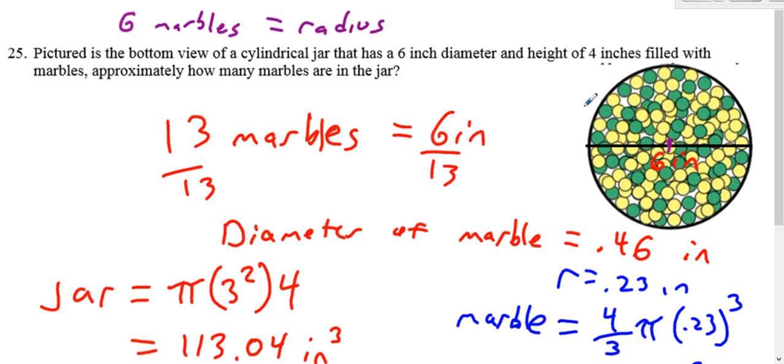And then you'd have to figure out how many marbles would go across. So if the radius is 3 inches, it'd be a little bit more. Probably be about 8 marbles tall, which would be right because we said a marble is about 1/2 inch. So it'd be about 8 marbles tall for the height.